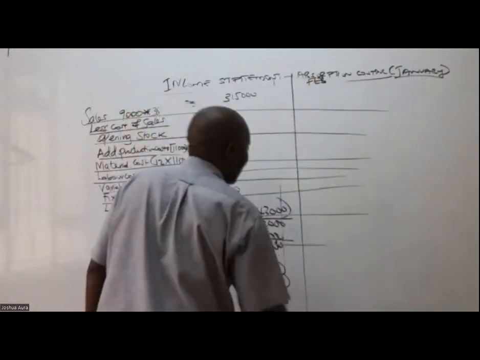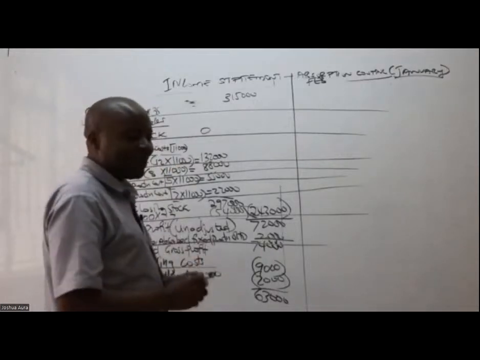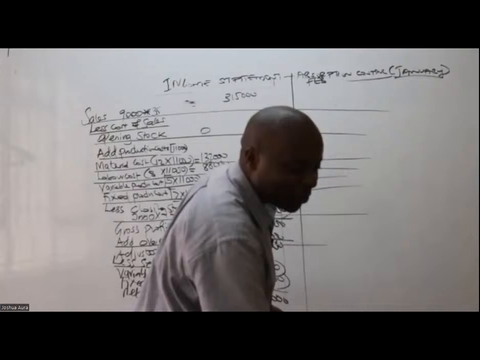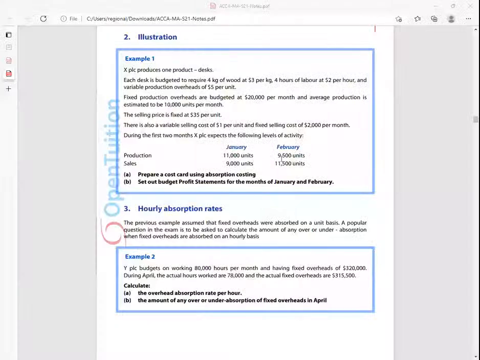Great. Now for February, is there somebody who is able to see the number of units that we sold in the month of February? Are you able to see 11,500? So we sold 11,500 here, times the selling price fixed at 35. Could you kindly give me the dollars there, somebody?